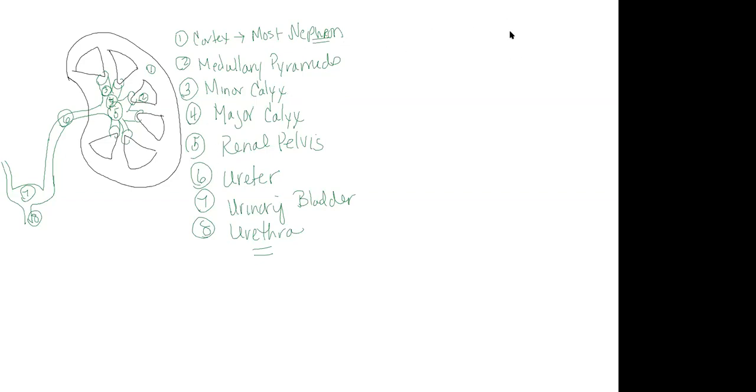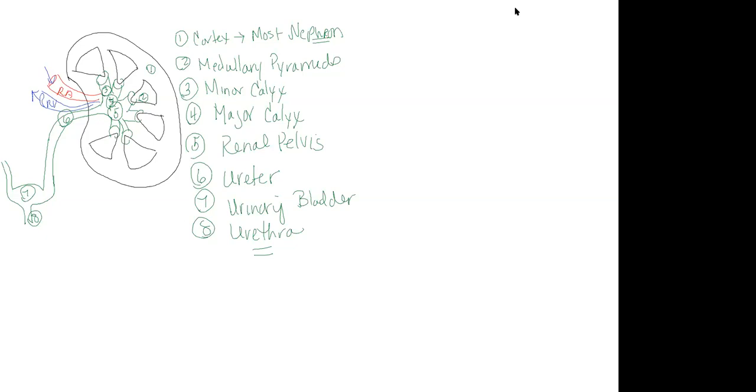Remember what we said in our last one. Blood enters the kidney through the renal artery here, and blood leaves the kidney through the renal vein. So this is the renal artery and the renal vein.